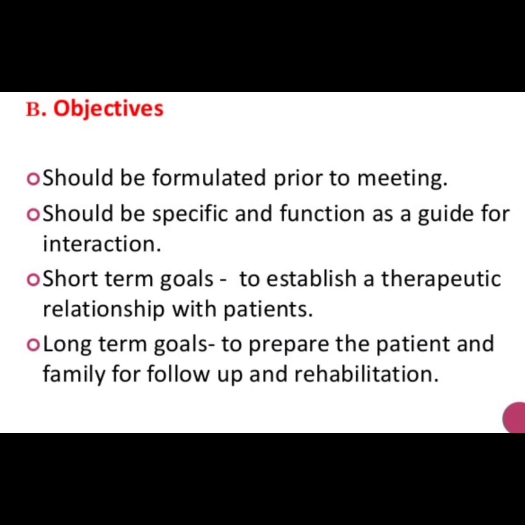Because if you have clearly stated objectives, your interaction will be structured and guided, and those objectives will guide your interaction. You will not go away from the track. So you will not waste your time. All your interaction needs to be with some purpose. These objectives will guide you to stay on track to solve the problems of the patient. That is the main purpose of process recording. So, for that purpose, you need to clearly state the objectives.